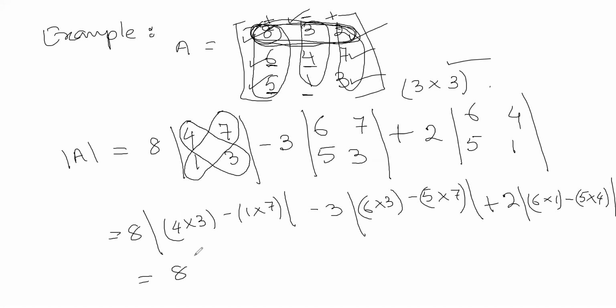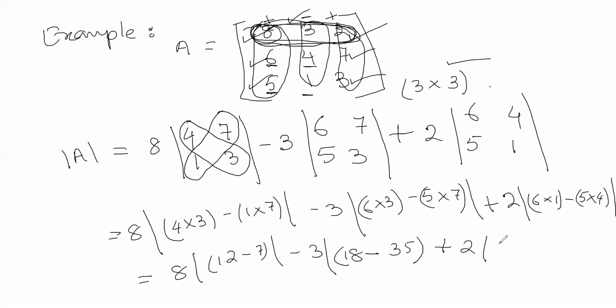This is equal to 12 minus 7, minus 18 minus how much, 35. Okay, and then we have 2 here and 6 minus 20, right? 6 minus 20.